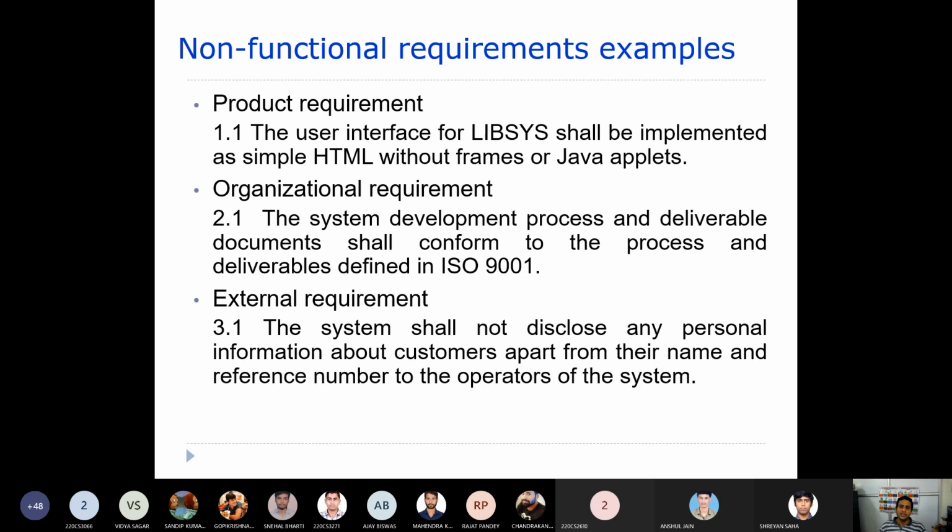The actual design will be done in the design phase. There is a design specification document I talked about, right? Apart from the user requirement specification and system requirements specification, there is a design document specification, right? You are just specifying.